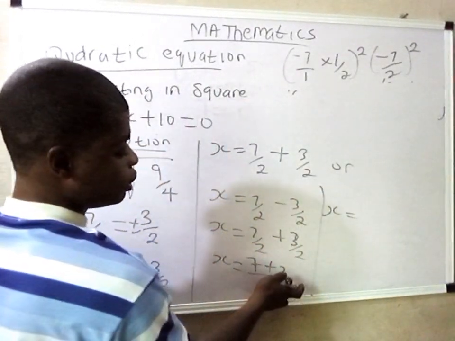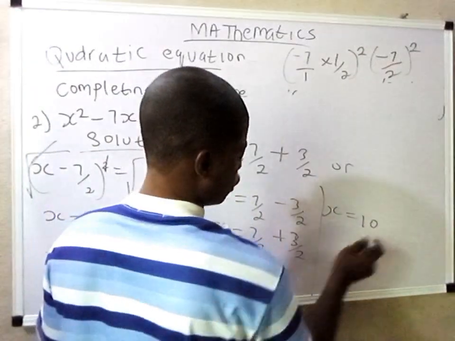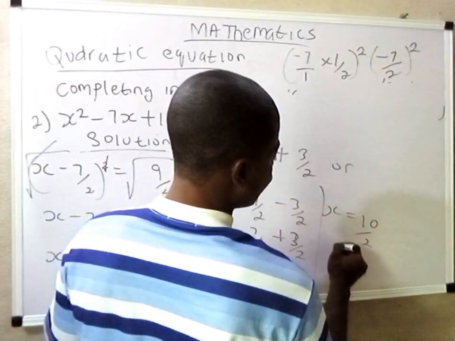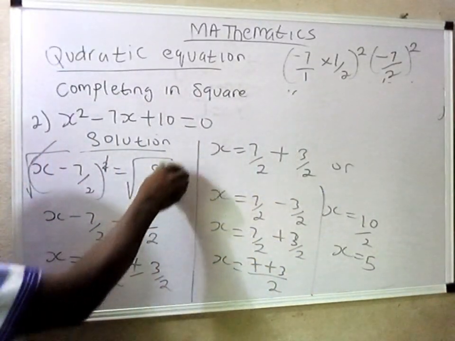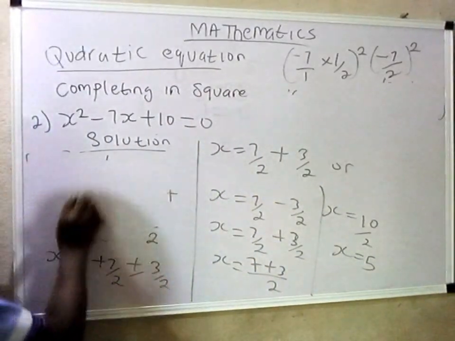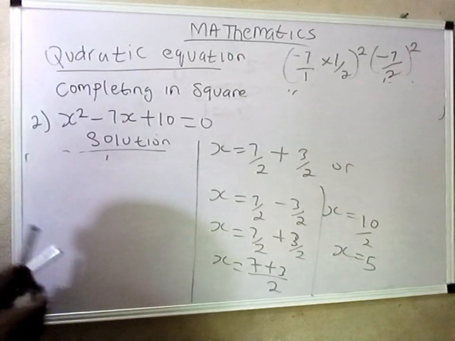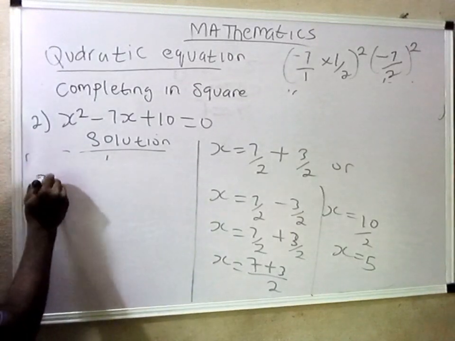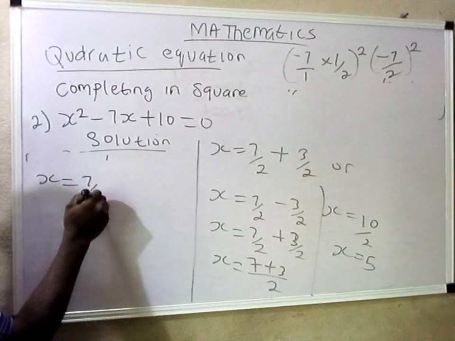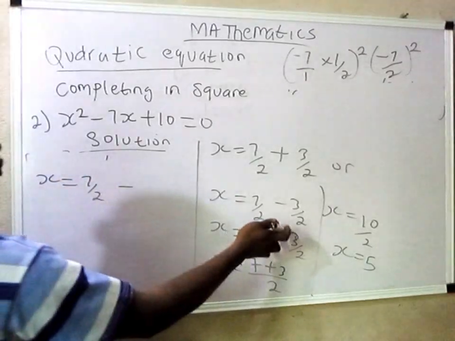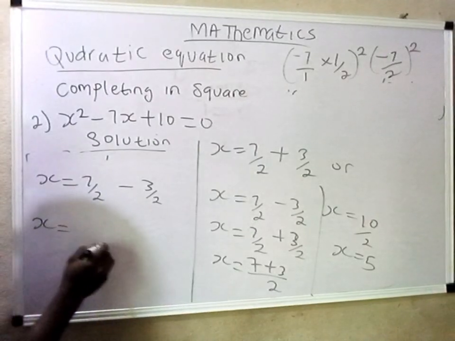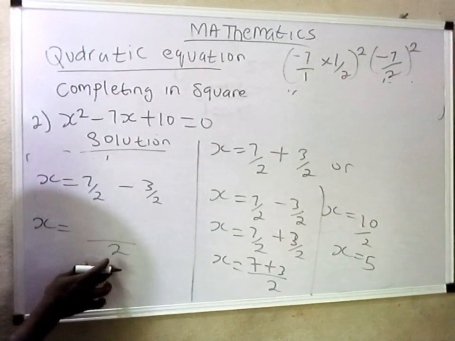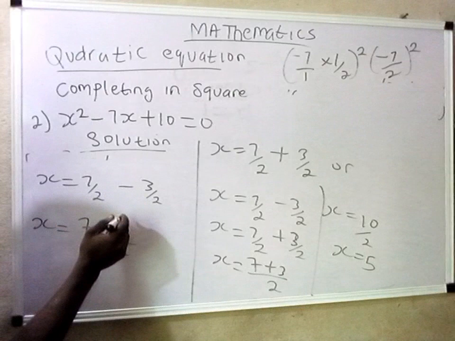7 plus 3 is 10 divided by 2. So the value for x is 5 for the first one. Then for the second one, which is x equals 7 over 2 minus 3 over 2. So we take the LCM, which is 2. 2 into 2 is 1. 1 times 7 is 7.